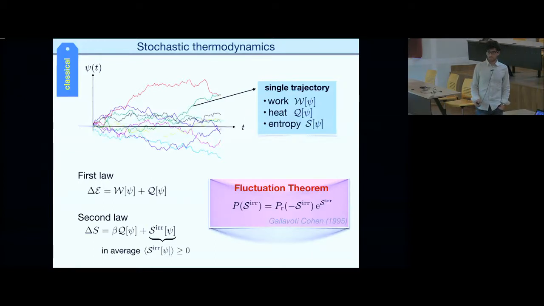That tells you basically that the probability of entropy production for an experiment where I push my piston is related to the probability of destroying the same amount of entropy in a reversed experiment where I now pull my piston, typically, okay? And there are these exponential factors that tell me that, in the end, on average I'm creating some entropy, but there are some paths for which entropy will be destroyed. So that's at the classical level.